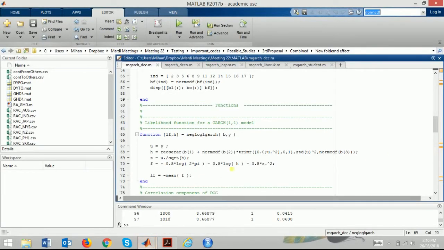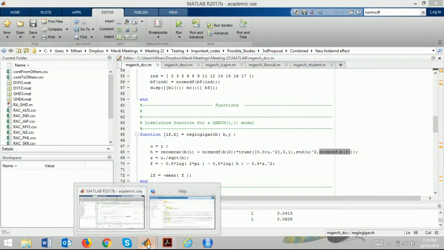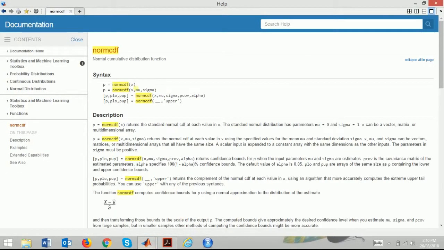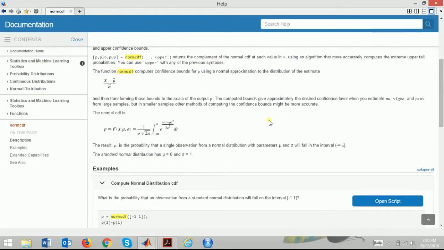So this is x, which I'm estimating. This is x, which is the residual. Mu is u squared, the standard deviation of u squared. Sigma is the variance, and it gives me the standard normal cumulative distribution function.